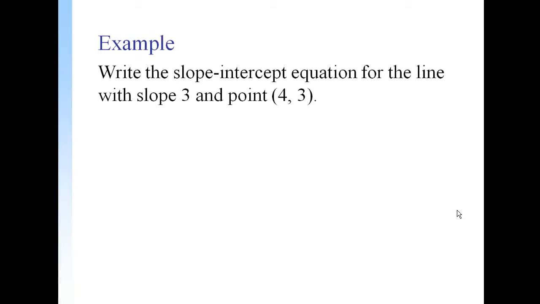Well, they're jumping ahead here to a new problem. So let's go. Write the slope-intercept equation for the line with the slope of 3 and this point. Well, again, it's very similar. y minus y sub 1 equals m times x minus x sub 1.